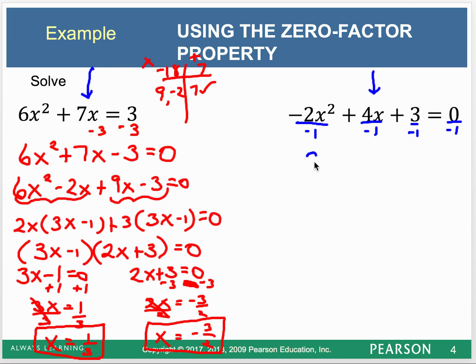So that would make it positive 2x squared minus 4x minus 3, which still equals 0. 0 divided by -1 or multiplied by -1 is still 0. All right, I'm going to try to factor it. So my question is, are there two numbers that multiply to give -6 while at the same time adding to give -4?